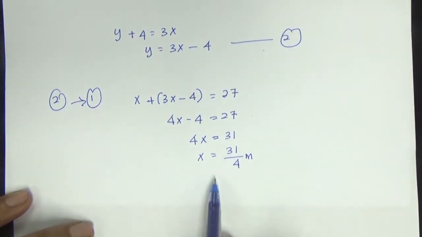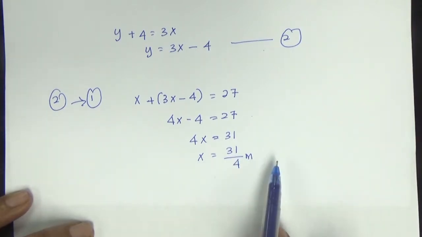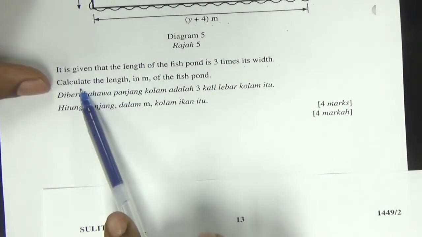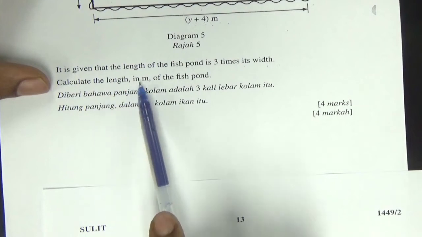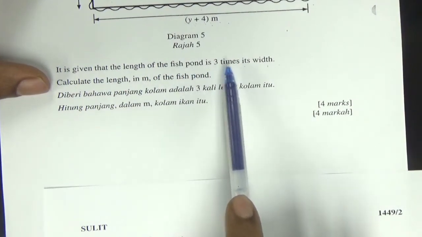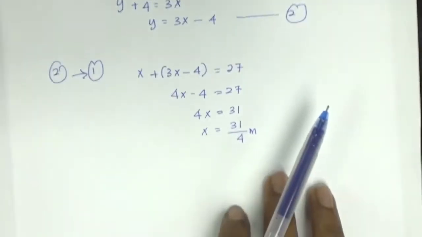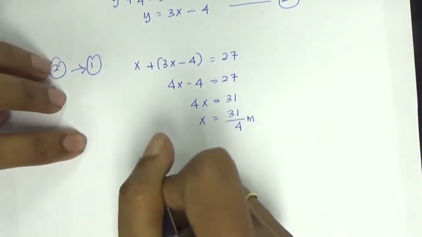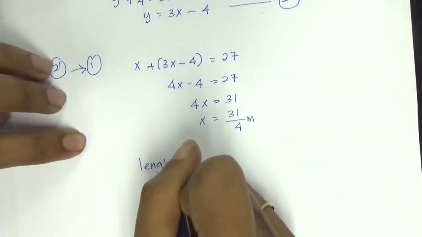So from here we can find the width, that is 31 over 4 meter. Let's be back to the question. The question is asking the length, asked us to calculate the length in a meter. Since the length of the fish pond is 3 times with its width, so we directly can calculate this.